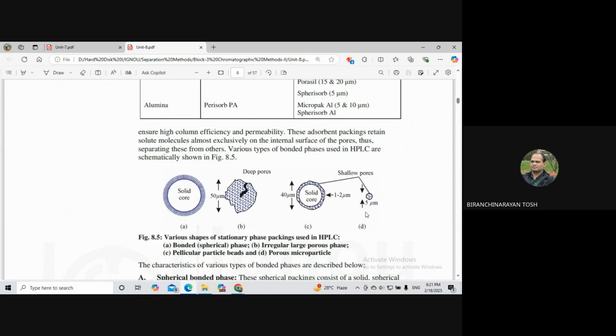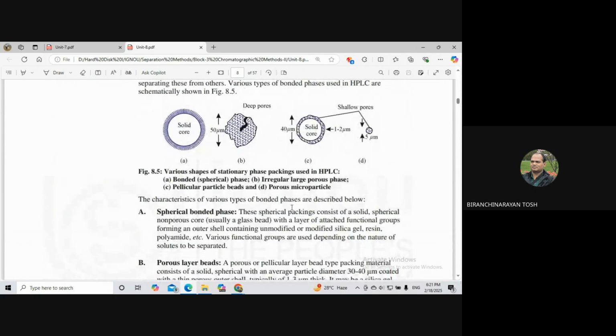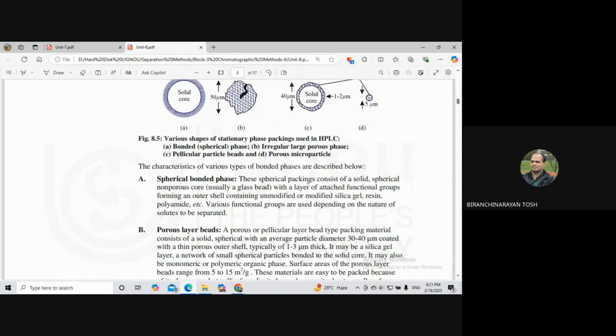The pores are there. So what is the spherical bonded phase? These spherical packings consist of a solid spherical non-porous core, usually a glass bead, with a layer of attached functional groups forming an outer shell containing unmodified or modified silica gel, resin, or polyamide, etc. Various functional groups are used depending on the nature of the solutes to be separated.